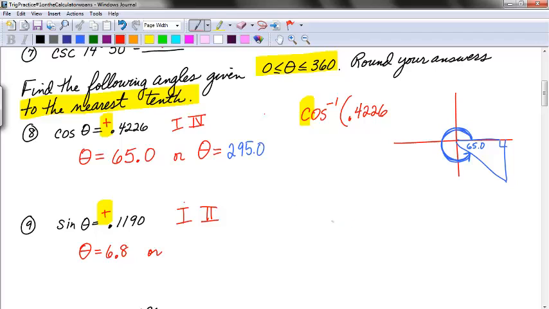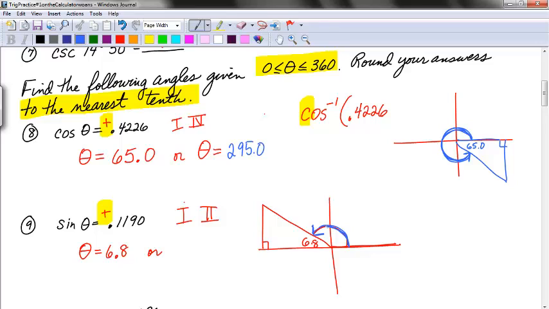Or, now you go into quadrant 2, the sketch. So we're going to start on the positive side, go over into quadrant 2. And this angle is 6.8. What I want to know is, how do I figure this angle? So what do I have to do on the calculator? Other way around. 180 minus that answer, right?